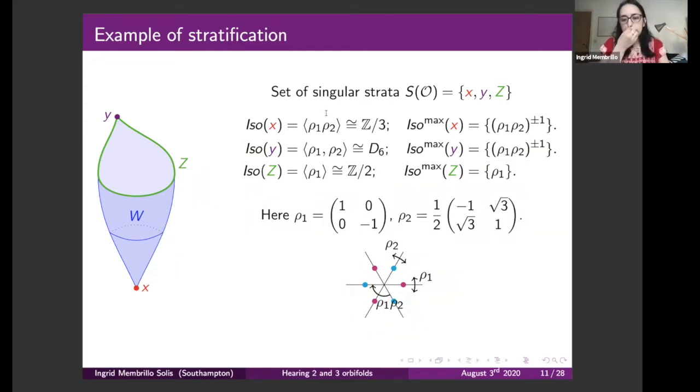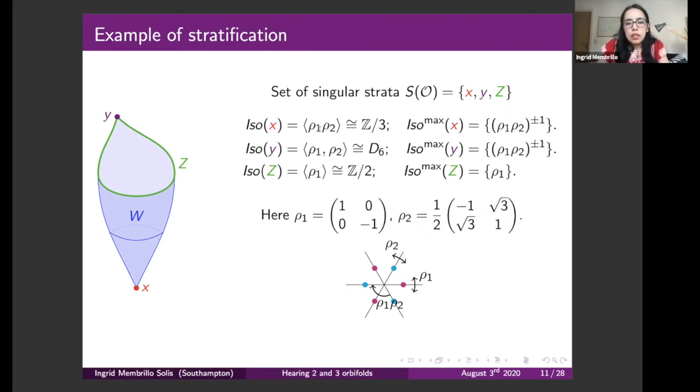So now here, instead of putting the picture again, this is a more simplified version of the wallpaper that we saw. So then remember that we have here the two mirror reflections. These will generate the dihedral group of order 6.